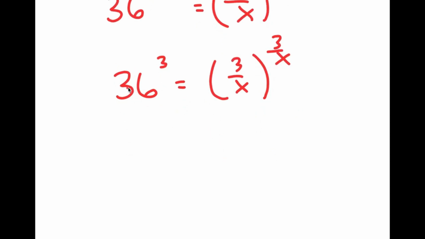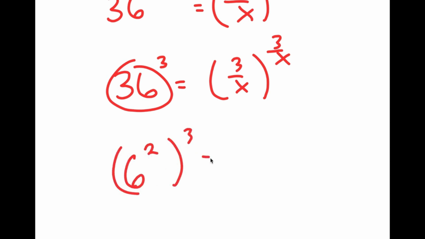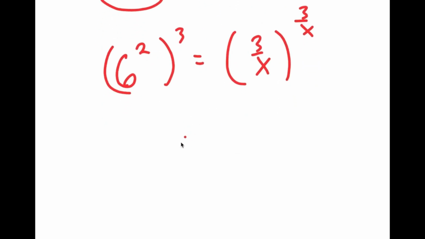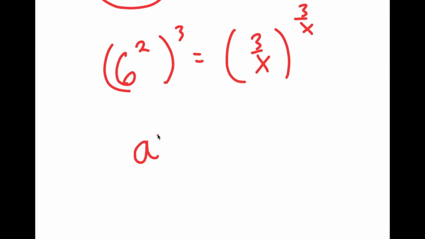And now from here, I can rewrite 36 as 6 squared. So I get 6 squared to the power of 3 is equal to 3 over x to the power of 3 over x. And if I have something in the form a to the power of m to the power of n, this is equal to a to the power of m times n.